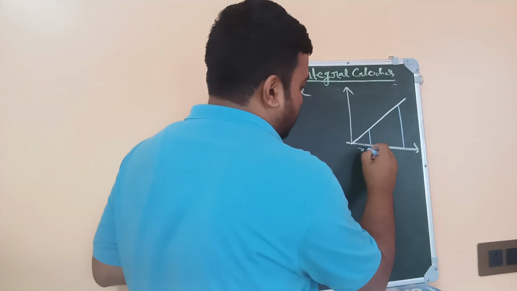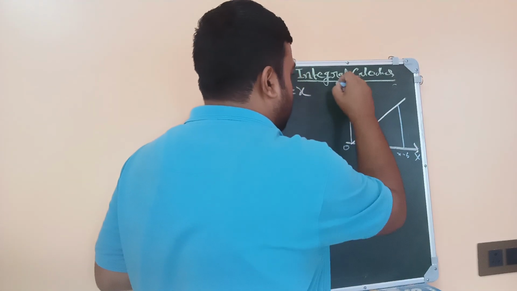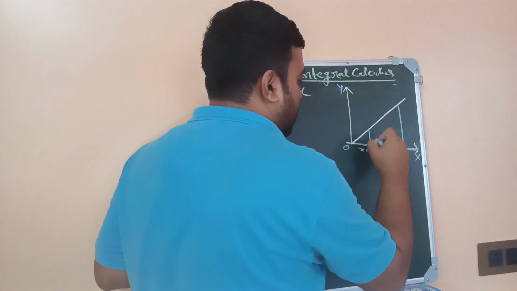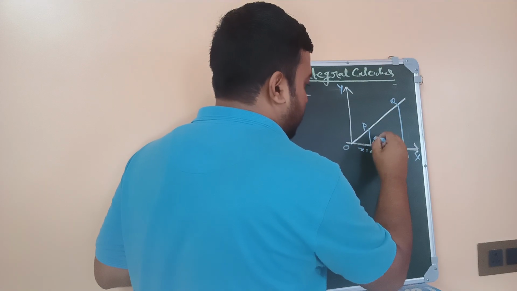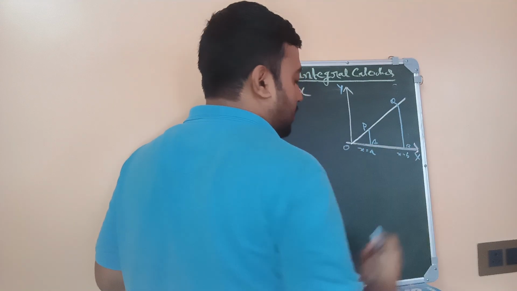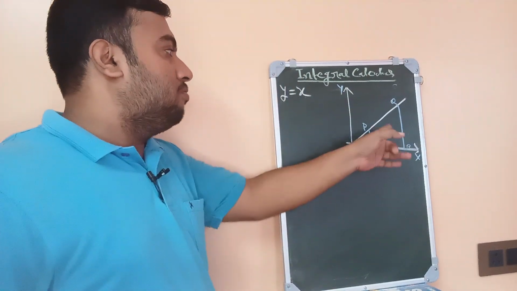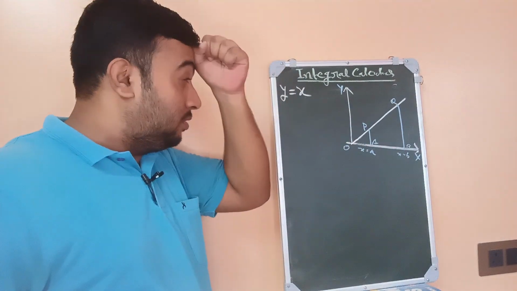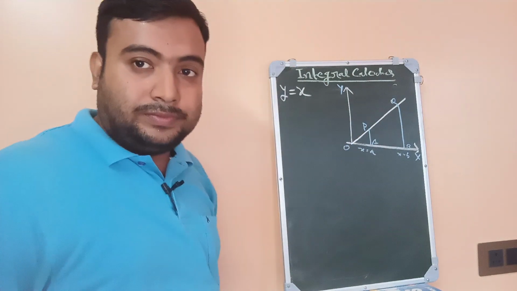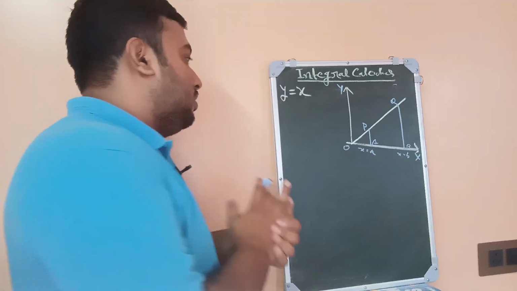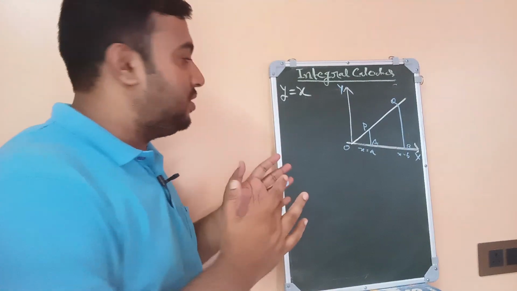This is x equals a, x equals b, it is x, o, y, and this is P, this is Q. This point is capital A, this is capital B. So how do we calculate the area under this curve? Let us take the previous method, the basic definition of integration.